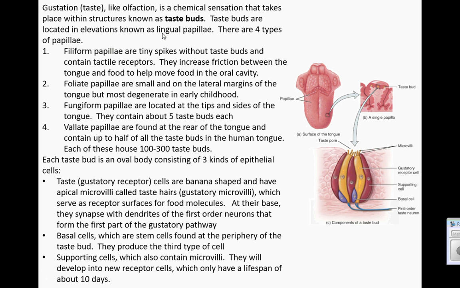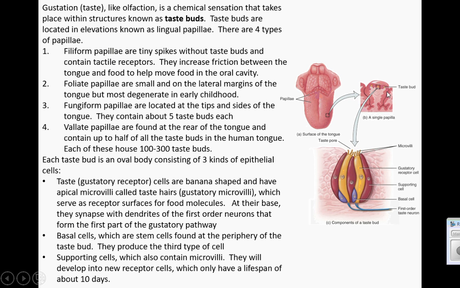The second type really aren't important to us, especially since we're all adults, because they degenerate early in childhood. The third and fourth are important to us, especially the fourth. Fungiform, there are about 5 taste buds located in each of those, but the majority of them form this kind of inverted V in the back of our tongue called vallate or circumvallate.